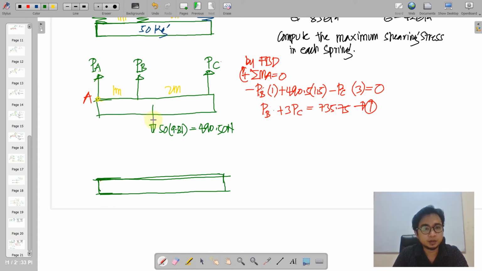So therefore, it will have more deformation at C, because this is the farthest support of the platform from the center of gravity.